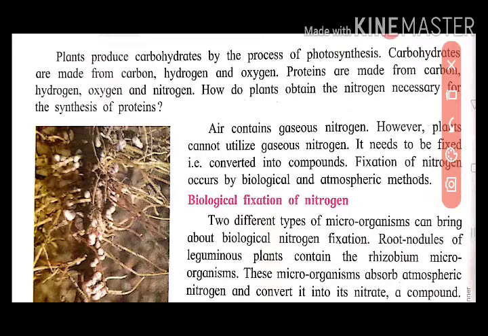See, proteins are made from carbon, hydrogen, oxygen and nitrogen. Here one new atom is seen, that is nitrogen. How do plants obtain the nitrogen necessary for the synthesis of proteins?